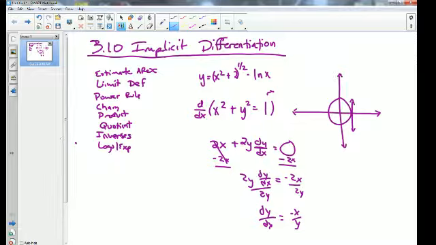Okay, so this is the slope of a tangent line at any point on that circle. So what's the slope at pi over 4? It's a unit circle, so what's the point on the unit circle for pi over 4?